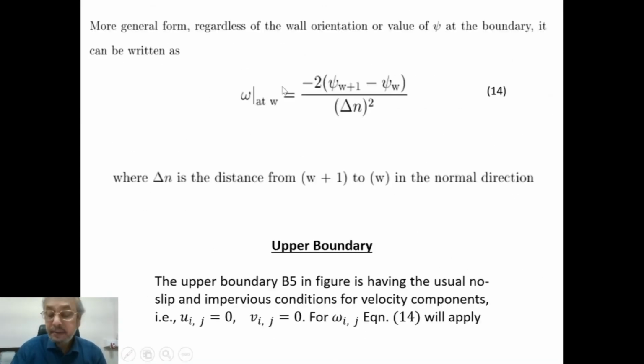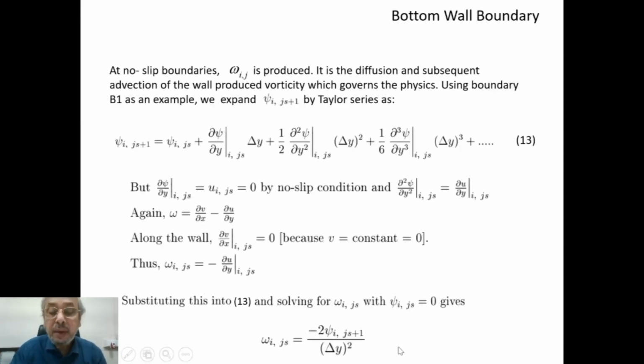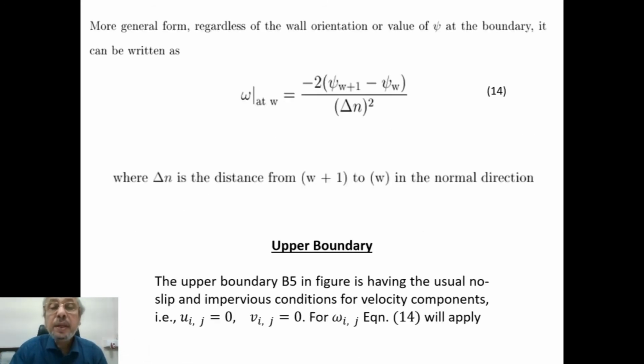instead of saying minus twice psi_ij+1 by delta y square, we can say minus twice psi at the neighboring point of the wall.